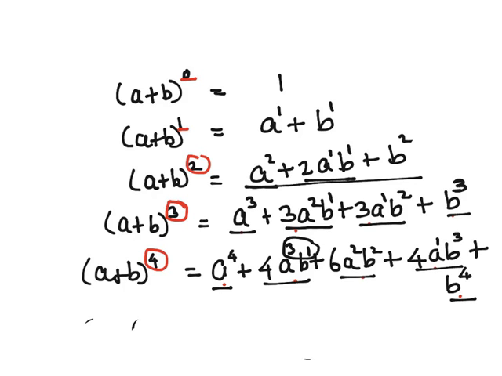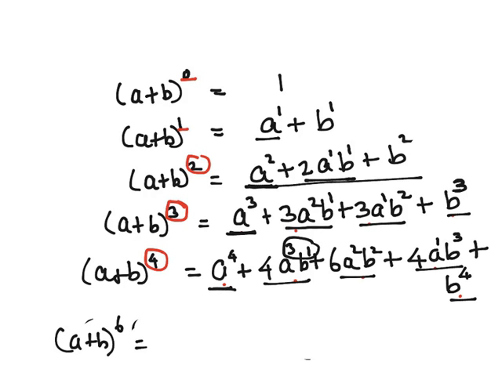So from this what we can deduce is, if I want to find, let's say, (A plus B) whole power 6, definitely in every term the powers of the variables will add up to 6. Now for example, here it starts with A power 1, here A power 2, here A power 3, here A power 4.